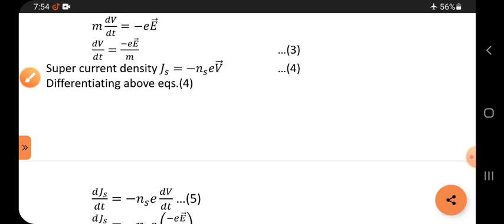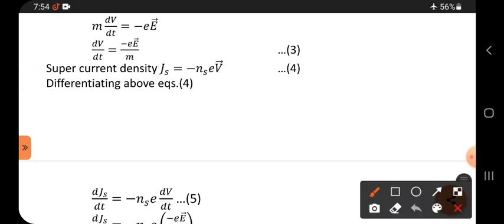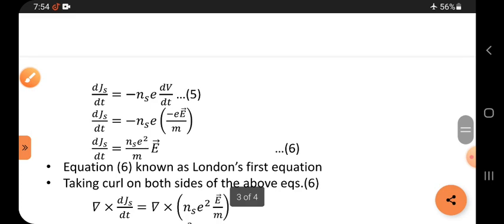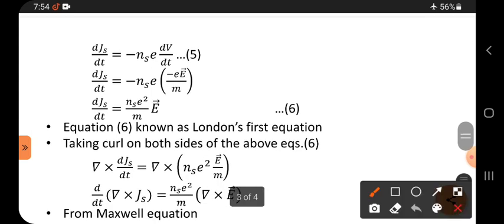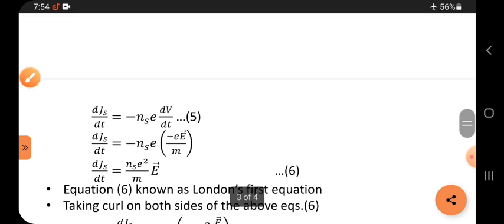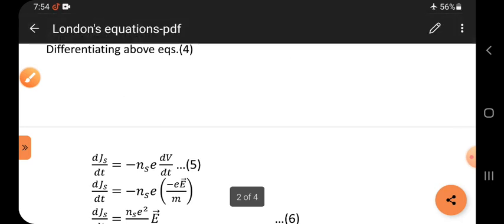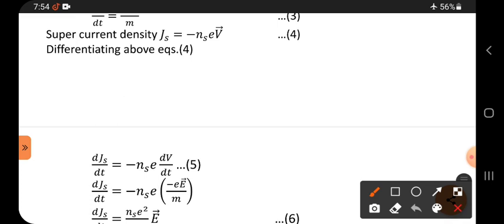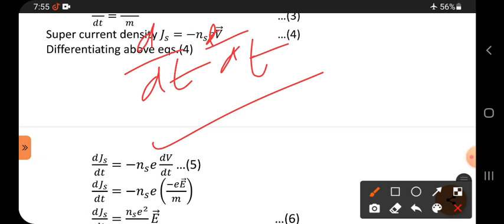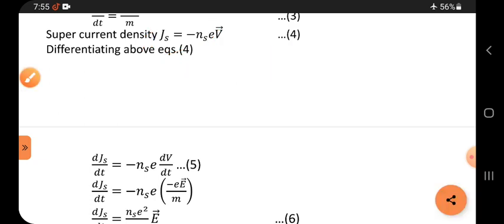Now differentiating equation 4. Generally this is equation 4. Differentiate equation 4, then what do we get? Write d by dt on both sides.